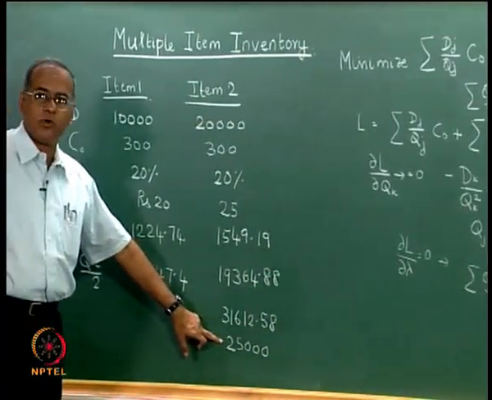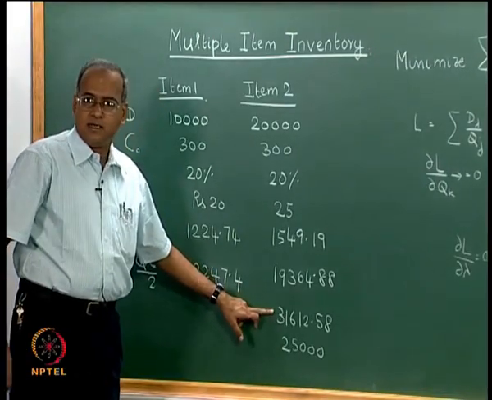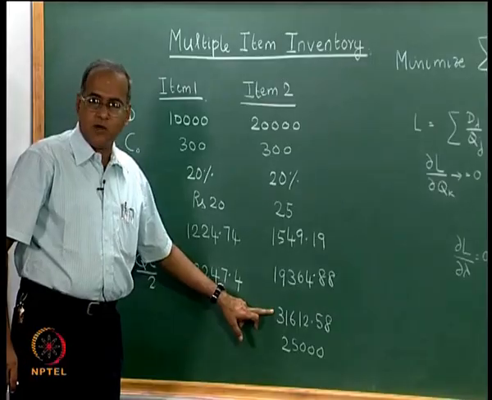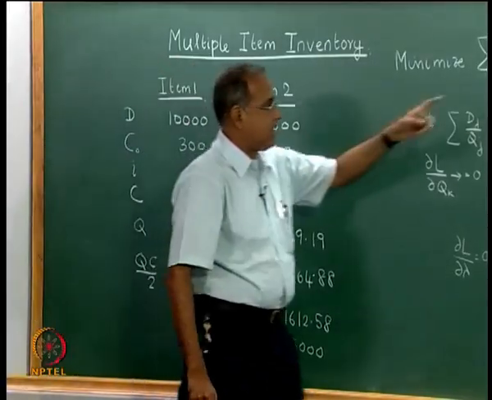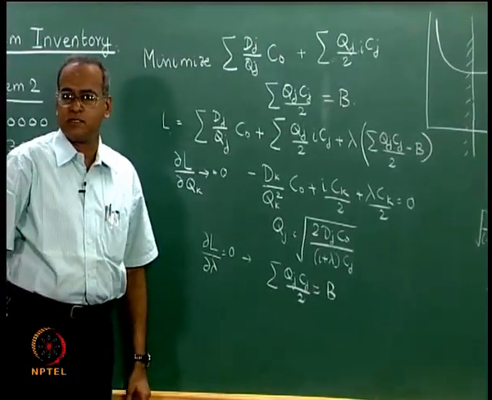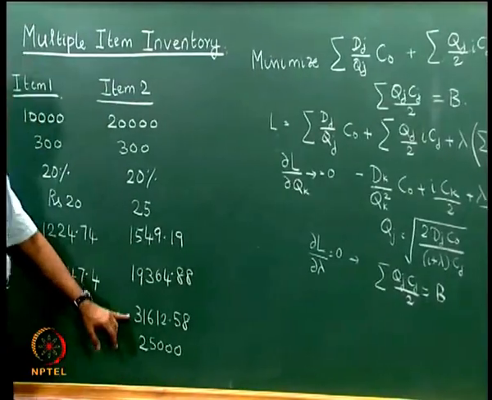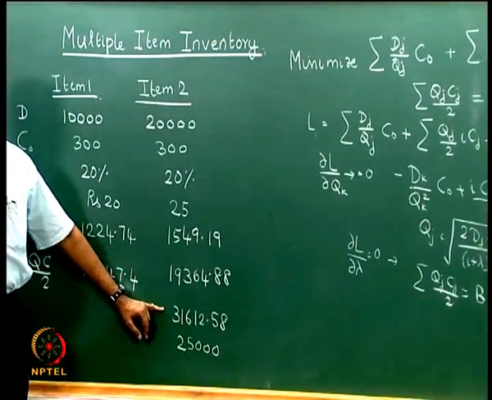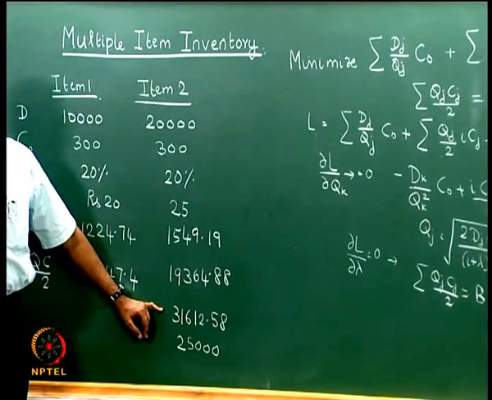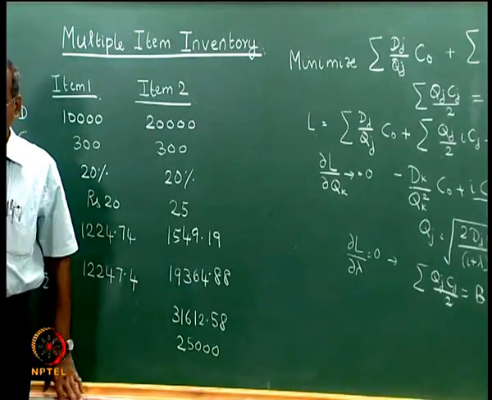It has to be used only in the cases where the value given here is less than the value given here. Otherwise, in its anxiety to make this an equation, it will end up pushing the order quantities up, which is not desired. And if this were 35,000, then the economic order quantity, which gives 31,612, is indeed optimum, and therefore there is no question of this constraint coming into play at all.